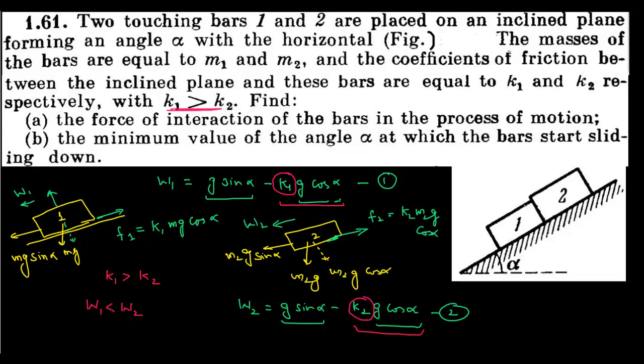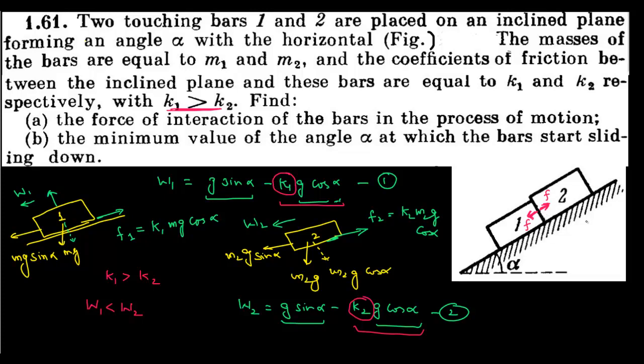Now suppose the force of interaction between the blocks is, say, F. This is the force by block 2 on block 1. So from the third law of motion we can say that the same force will be applied by 1 on 2. Clear?